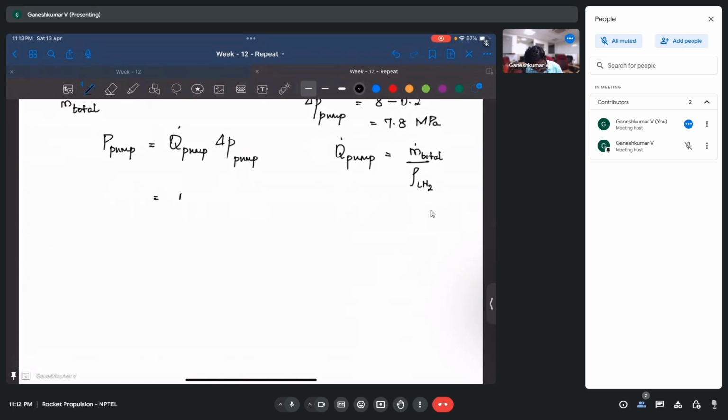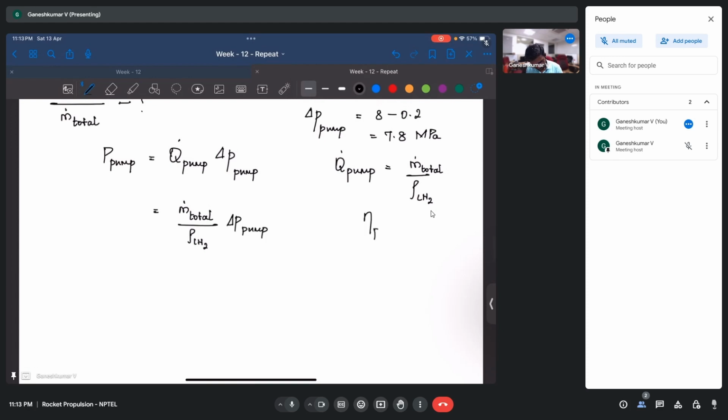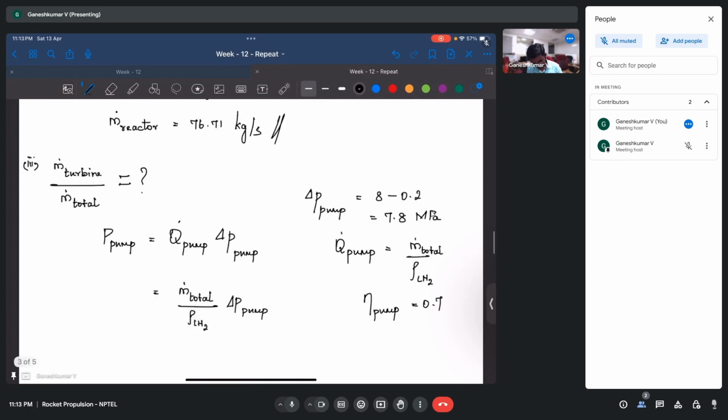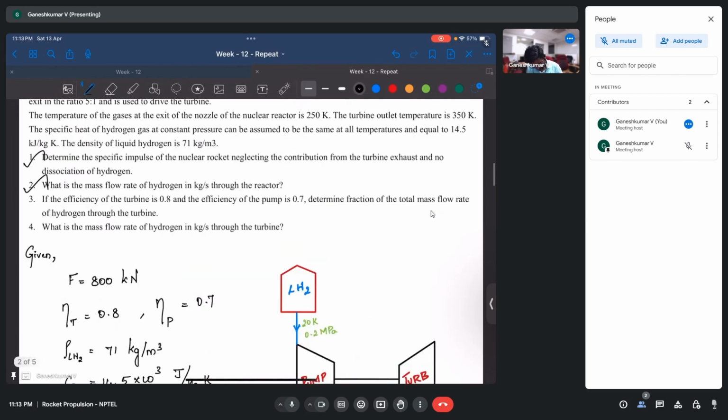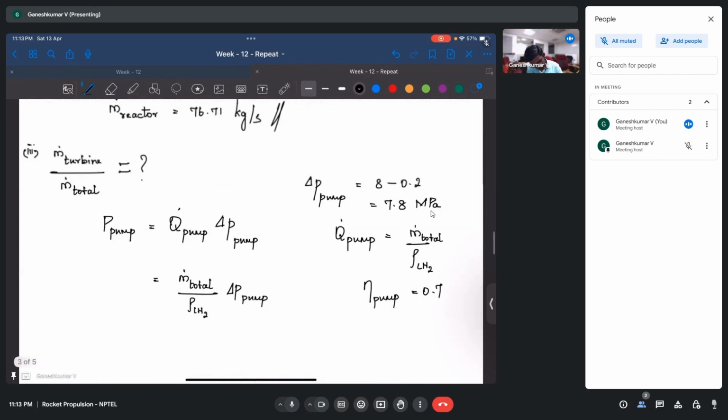This would become m dot total divided by rho of LH2, into the pressure difference of the pump. And another important thing is, since this pump has an efficiency of 70%, yeah, the efficiency of pump is 70%.